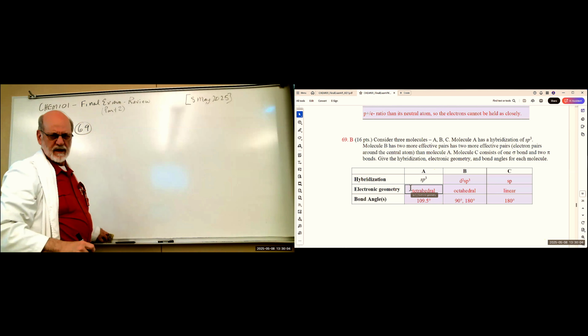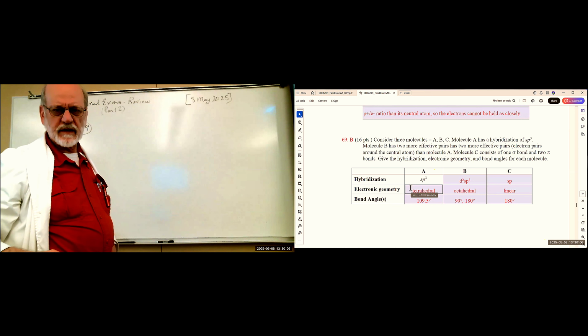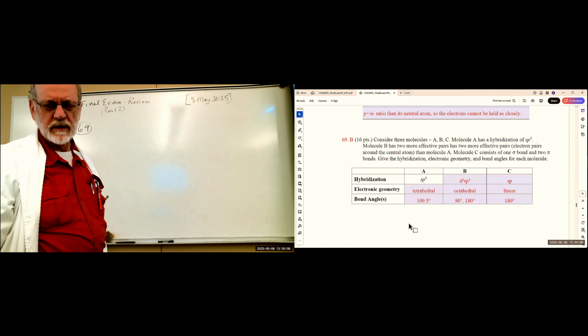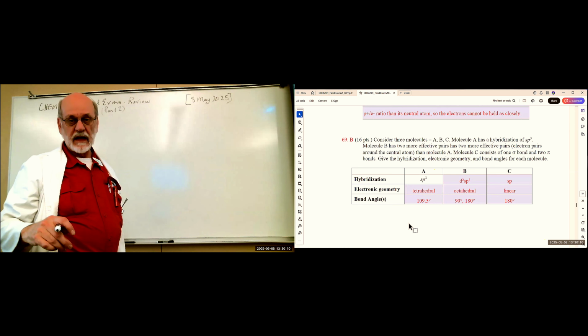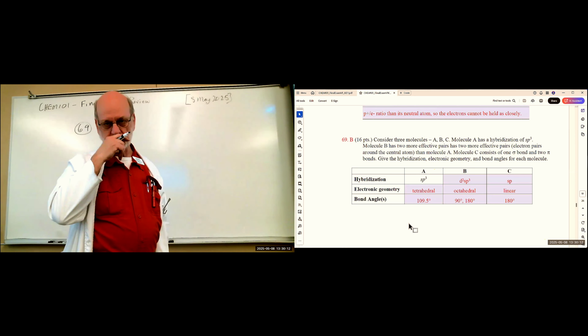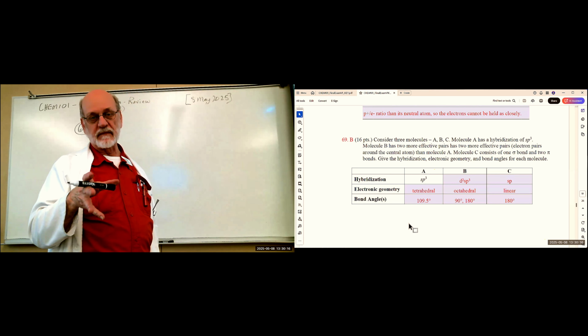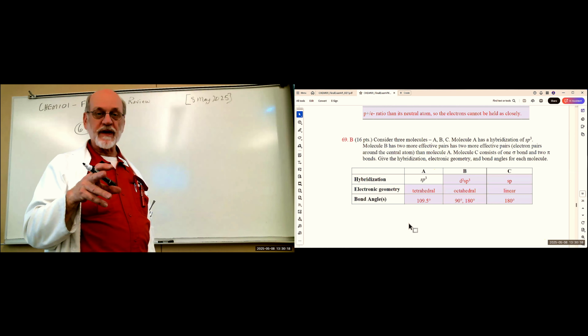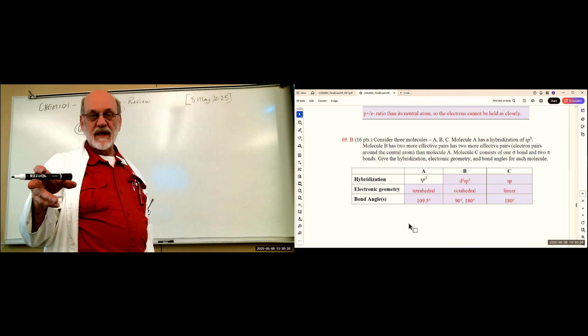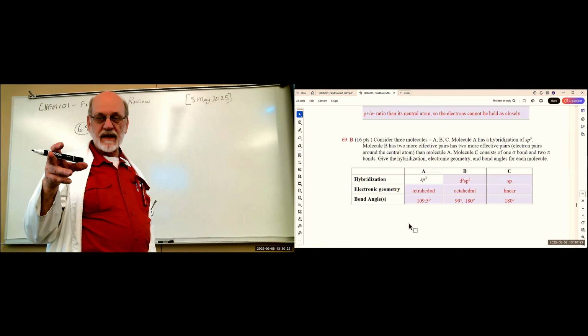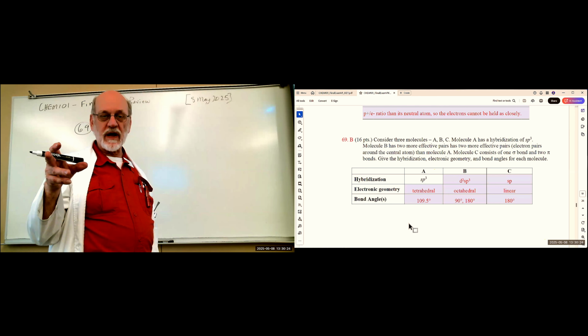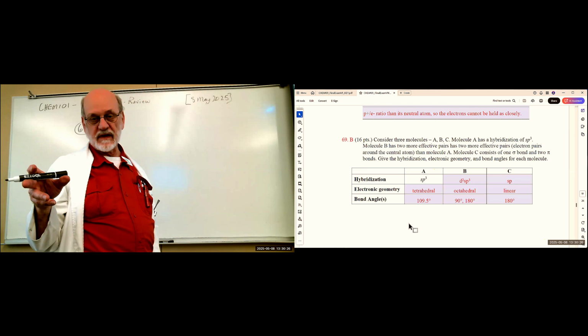'69. Okay. I think you guys have seen this one before. ABC molecules. A has a hybridization of sp3. That's given in the table. Molecule B has 2 more effective pairs around the central atom than A does.